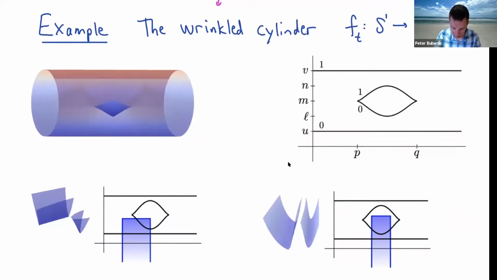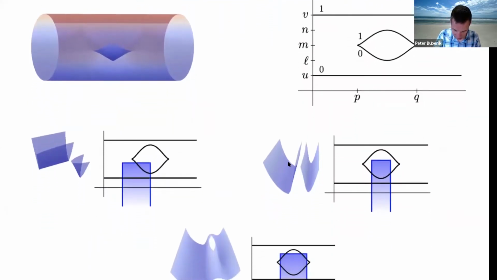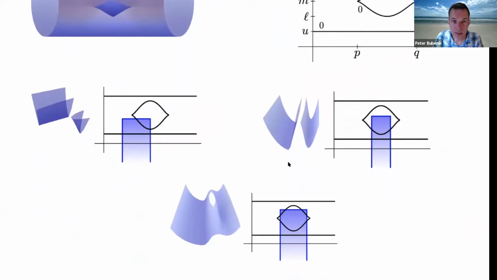Now, what's even more interesting is if we look at this semi-infinite strip that intersects the top of the wrinkle but doesn't contain any of it. And you see here what the inverse image looks like on the left.